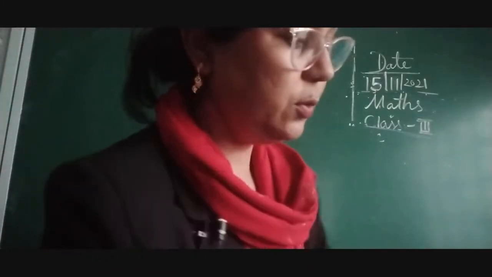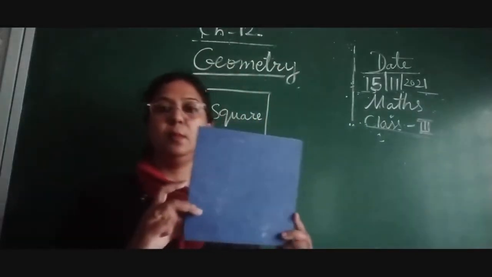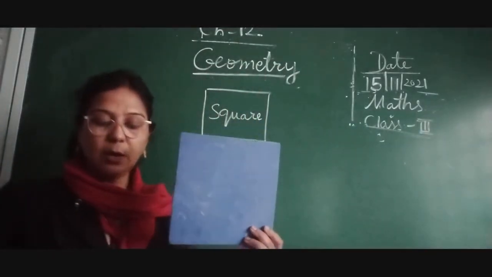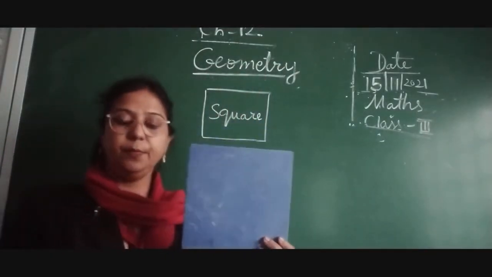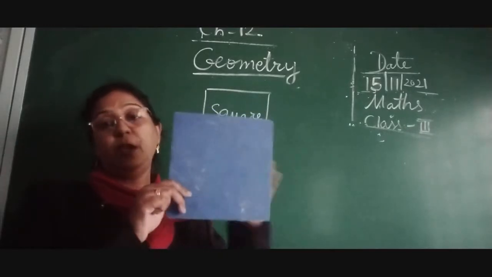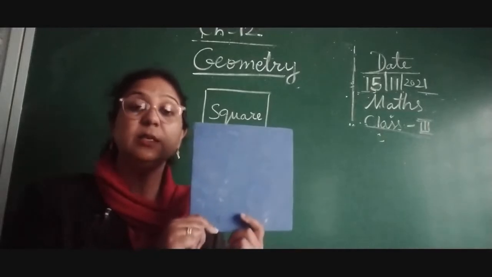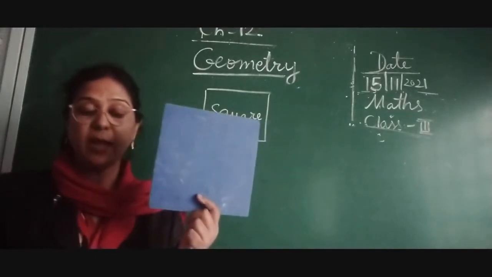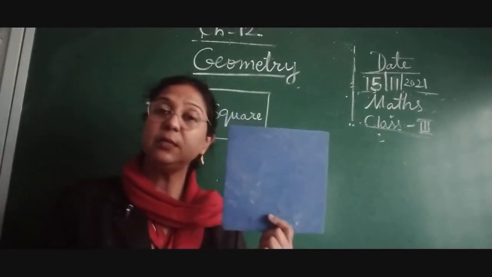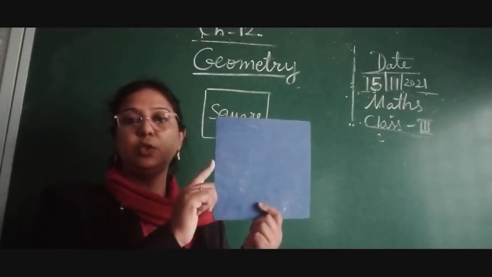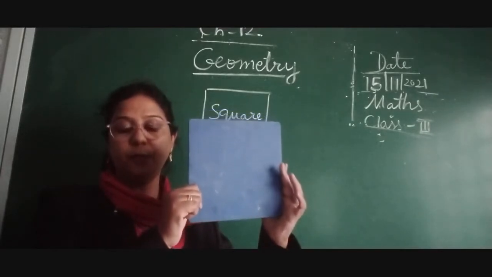I am going to show you a square also. Here you can see this shape represents a square. Now a square has how many sides? 4 sides: 1, 2, 3 and 4.